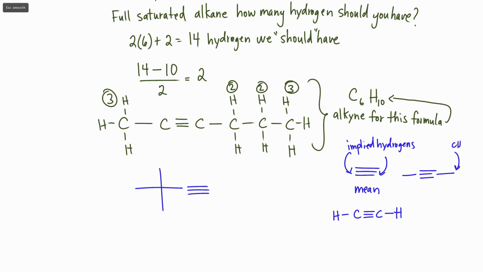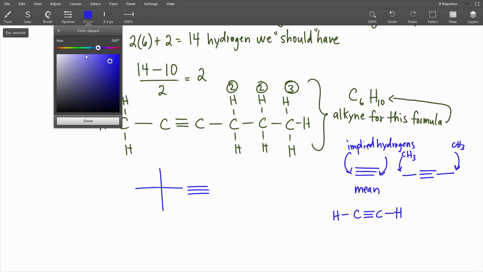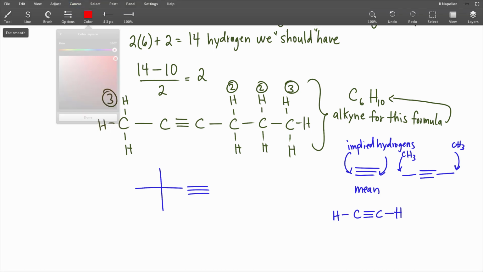Here, these are CH3s. Okay? Now, what we want to do is check this structure and see if this alkyne that I drew over here has the C6H10 formula. Okay? Does it have that C6H10?